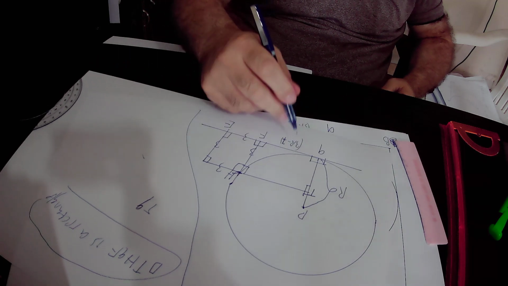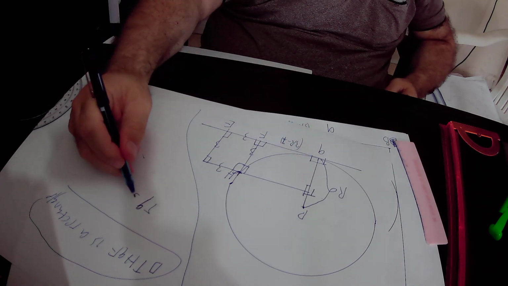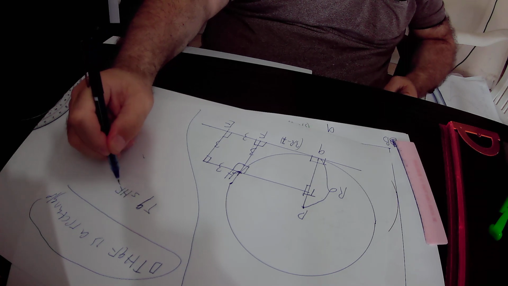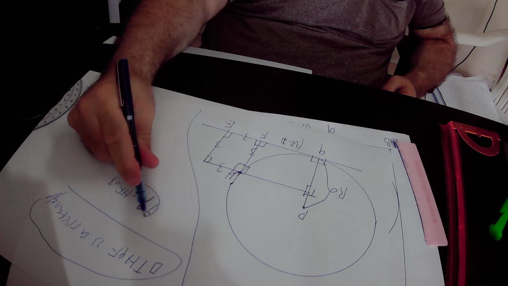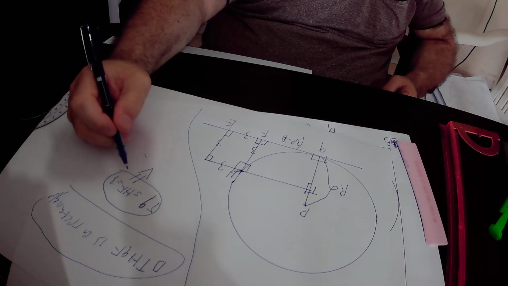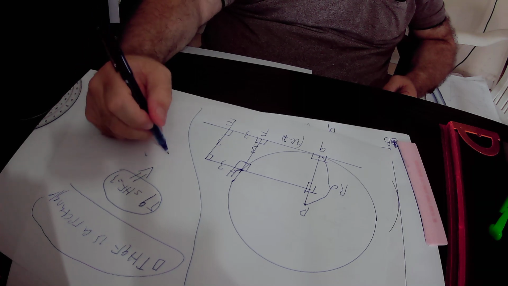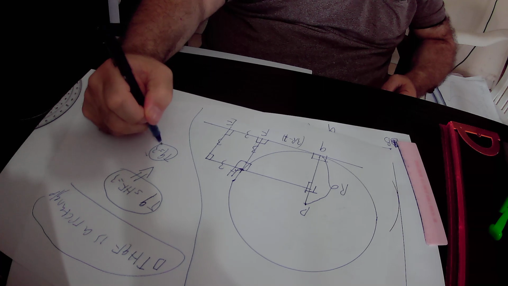Again, TQ equals HF. But HF equals 3, it is the side of the square. So from this equation, TQ equals HF equals 3, we derive that TQ is also equal to 3 units.